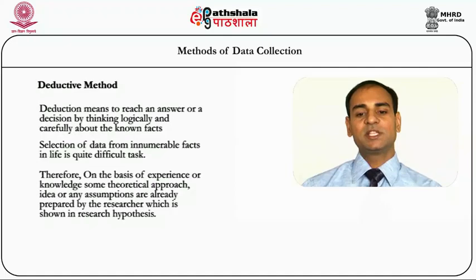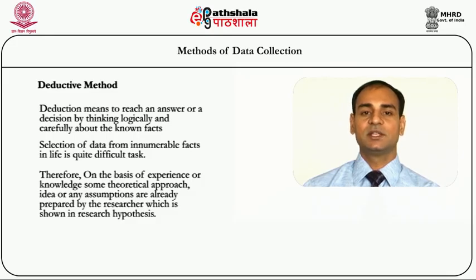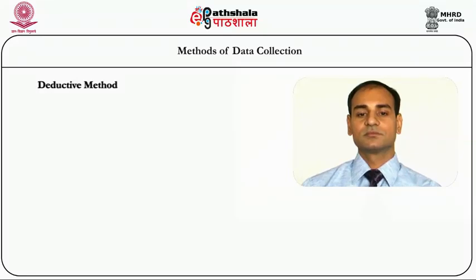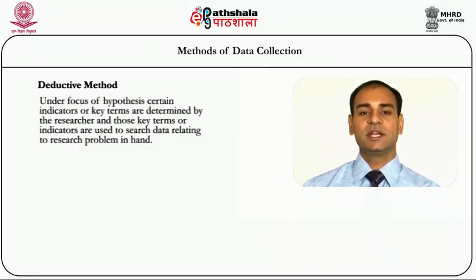Therefore, on the basis of experience or knowledge, some theoretical approach, idea, or assumptions are already prepared by the researcher, which are reflected in the hypothesis formed by him. Under the focus of the hypothesis, certain indicators or key terms are determined by the researcher. Those key terms and indicators are used to search data relating to the research problem in hand.